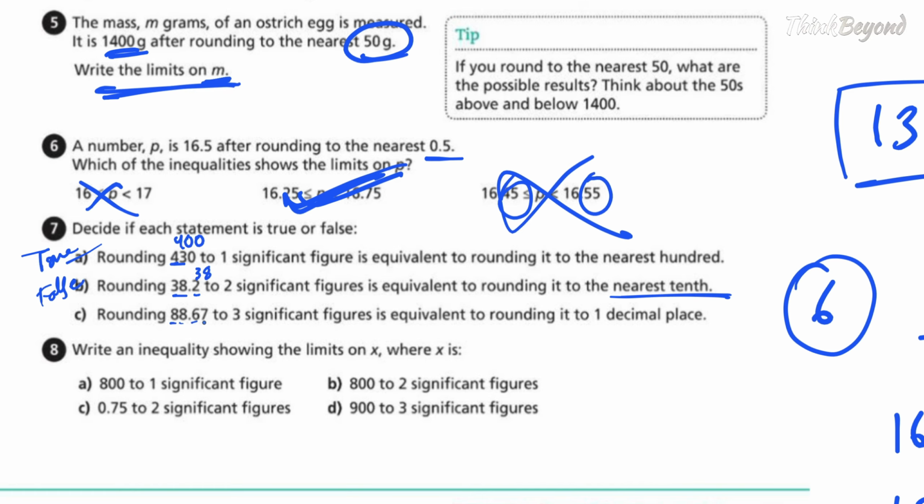The next digit is 7, which is greater than 5. So we round up. The result is 88.7, right? This is the same as rounding to 1 decimal place. So yes, this is true.